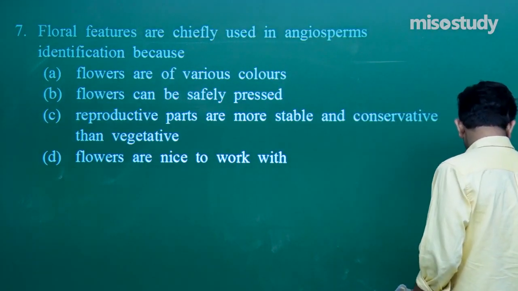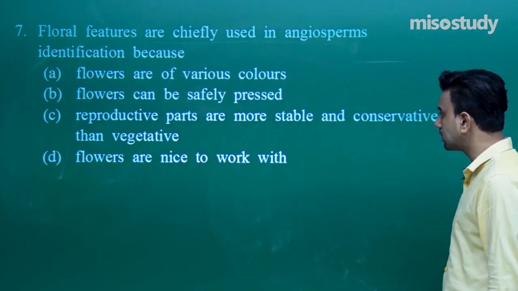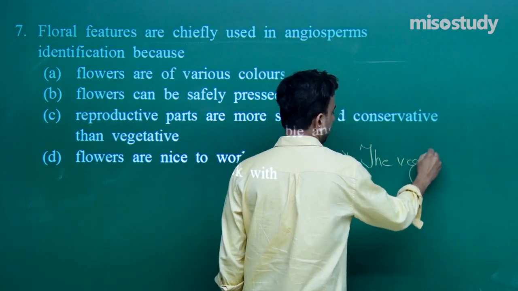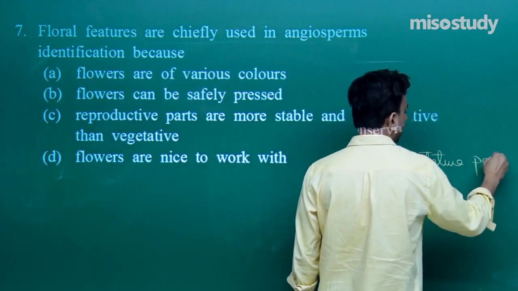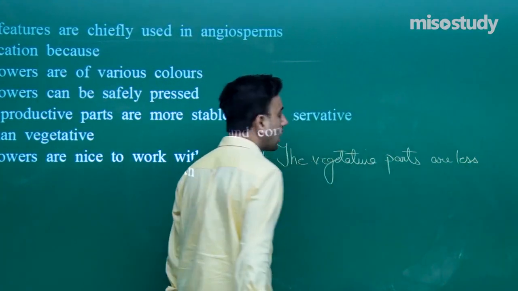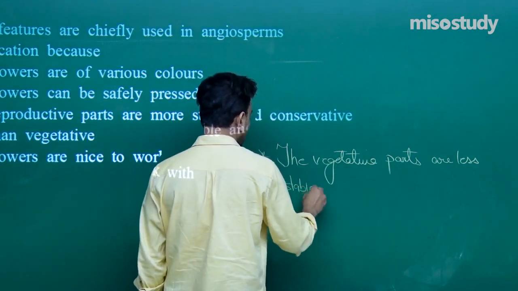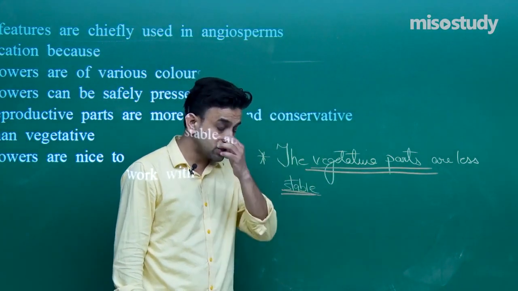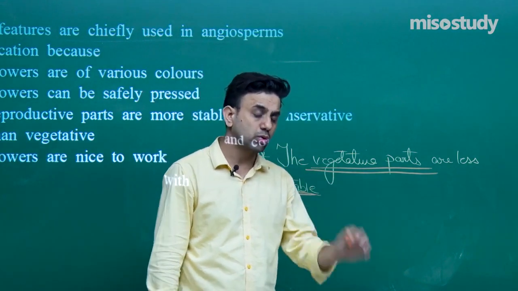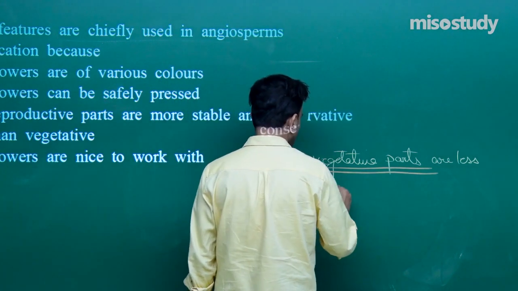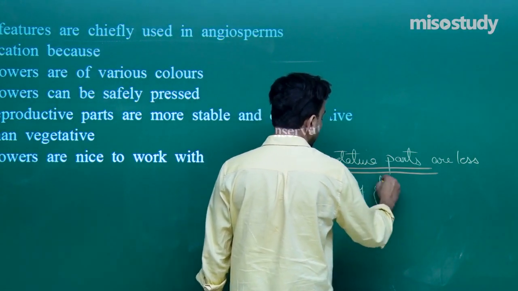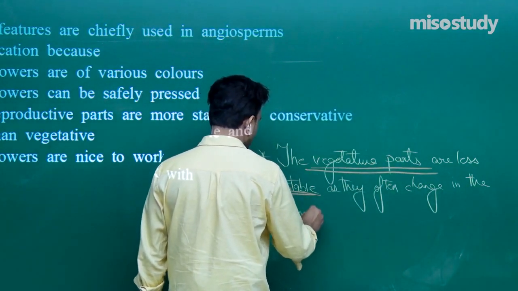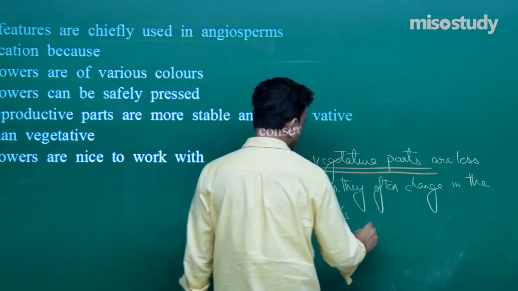See, the vegetative parts are less stable, as they often change under the environment's influence.